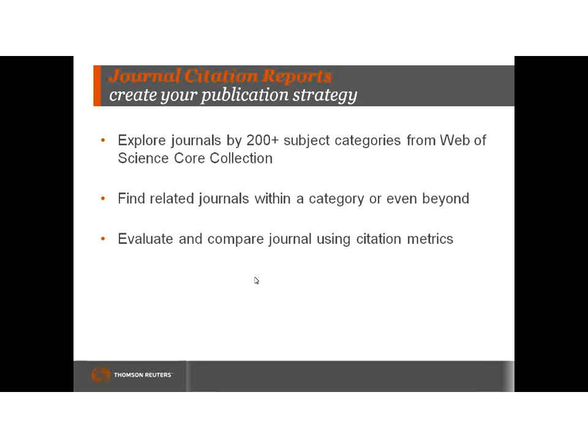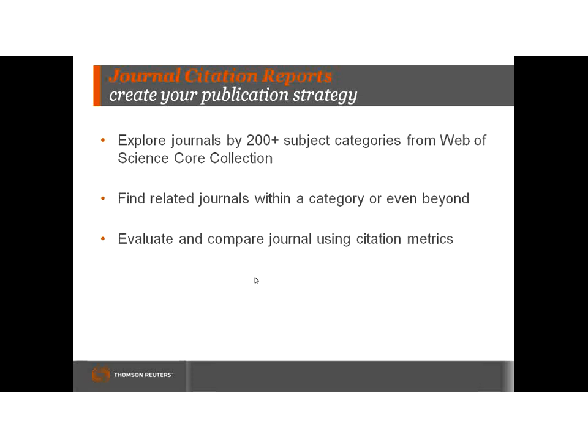For you as a researcher, I mentioned that already several times, it helps you to evaluate and compare journals using citation metrics. We talked a lot about impact factor. Impact factor is not the only citation metric that we use to compare journals. I'm thinking about Immediacy Index. Just for your information, we'll look at more citation metrics later on.